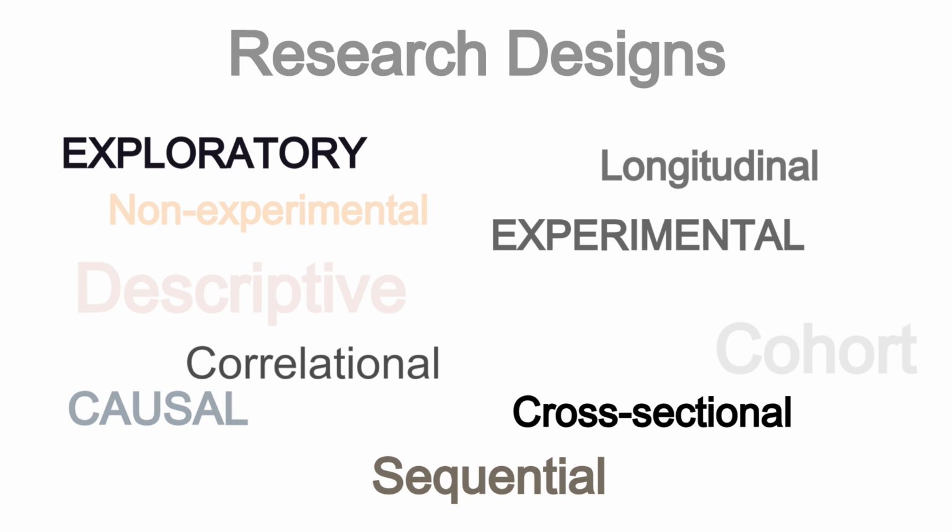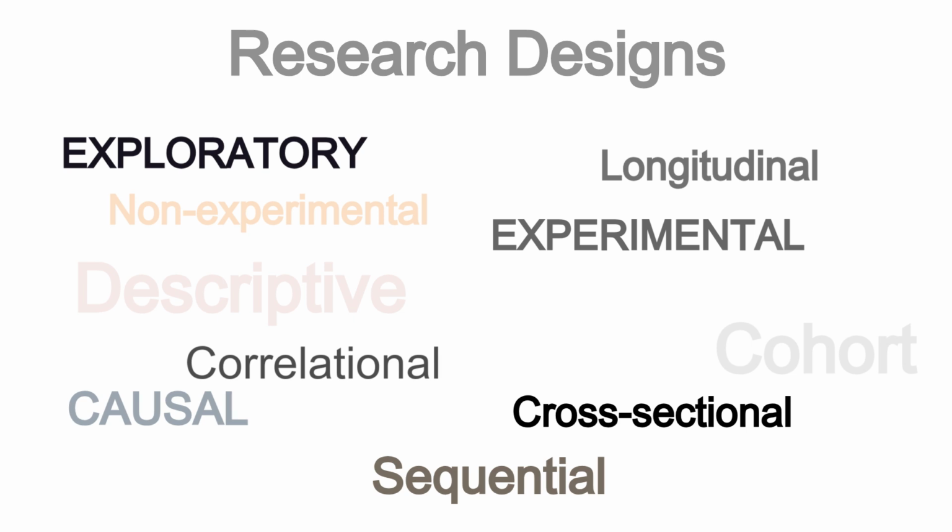This slide highlights the main types of research designs, or the overall plans for how a study is carried out. Each design serves a different purpose. Exploratory research is used when a topic is new or not well understood. It helps identify possible issues or variables for further study.